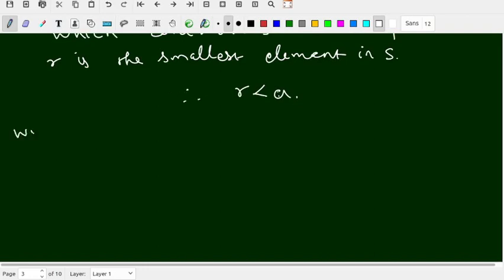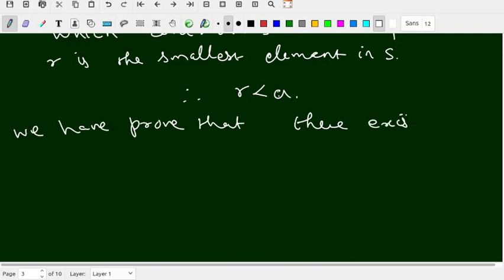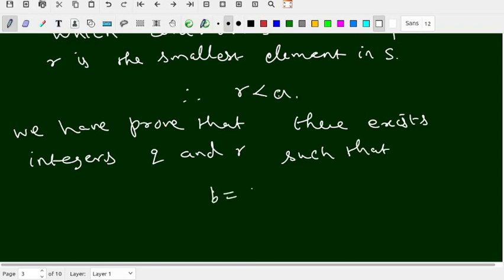So far we have proved that there exist integers q and r such that b equals qa plus R and 0 is less than or equal to R less than a.